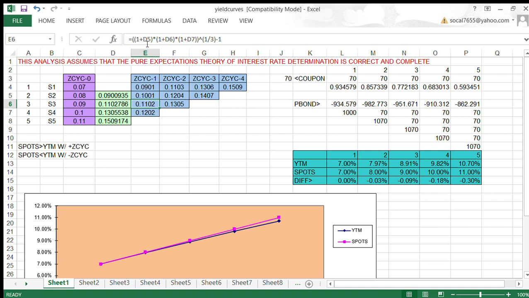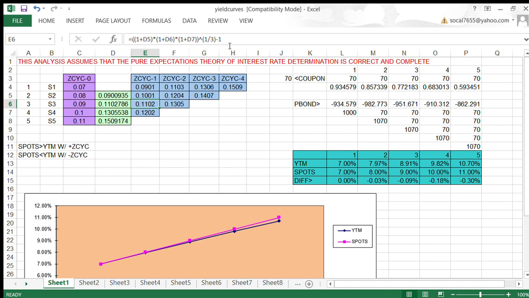Mathematically, that's 1 plus F2 times 1 plus F3 times 1 plus F4, right? So, 1.09009 times 1.11027 times 1.1305538.